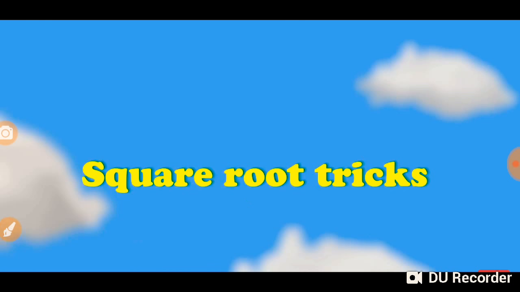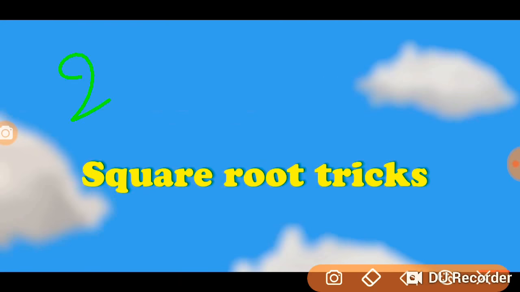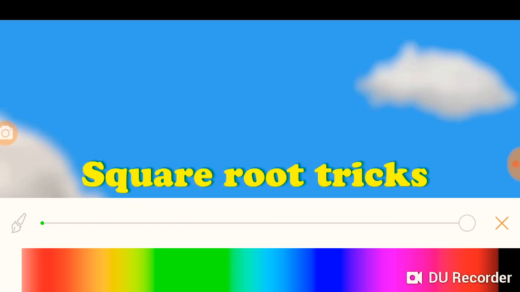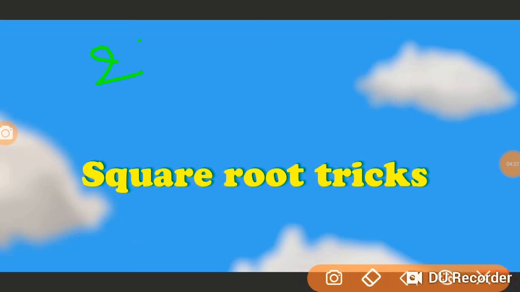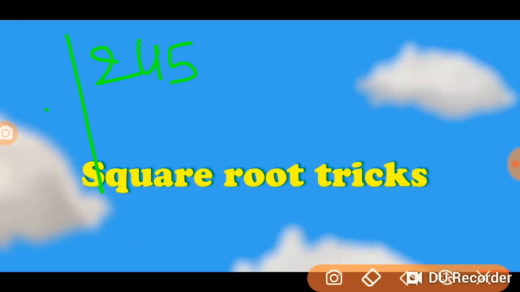What least number should be multiplied to 245 to make it a perfect square? 245 is the number. We start with 5: 5 times 49 gives 245.